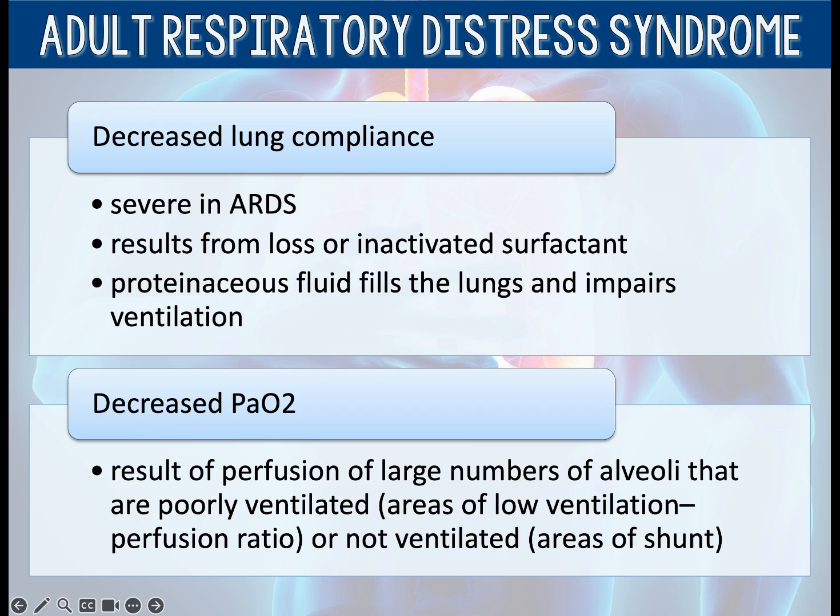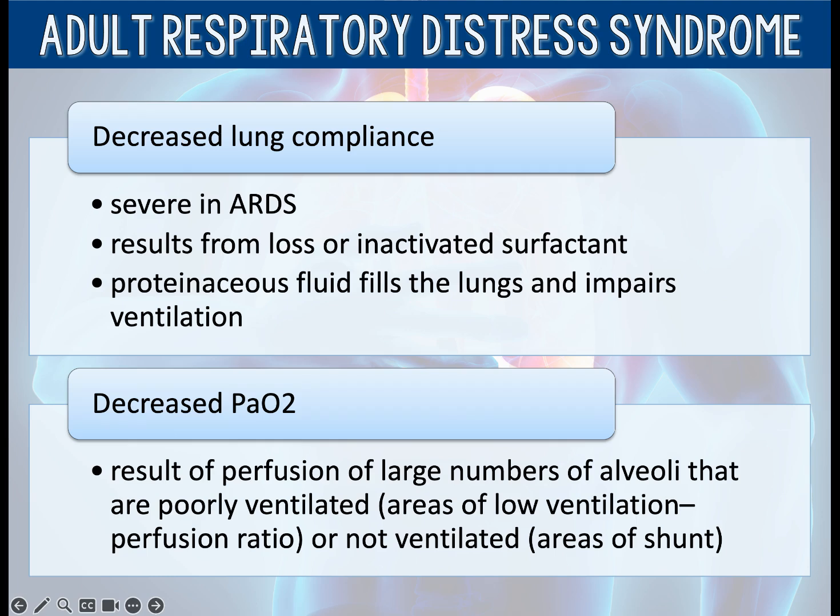So even though you have enough blood circulating in those areas, there's no oxygen that you're going to pick up, right? Or you might have good perfusion, but you're going to areas that are not ventilated at all. So poorly ventilated areas, areas of low ventilation perfusion ratio, or areas not ventilated, those are the areas of shunt.